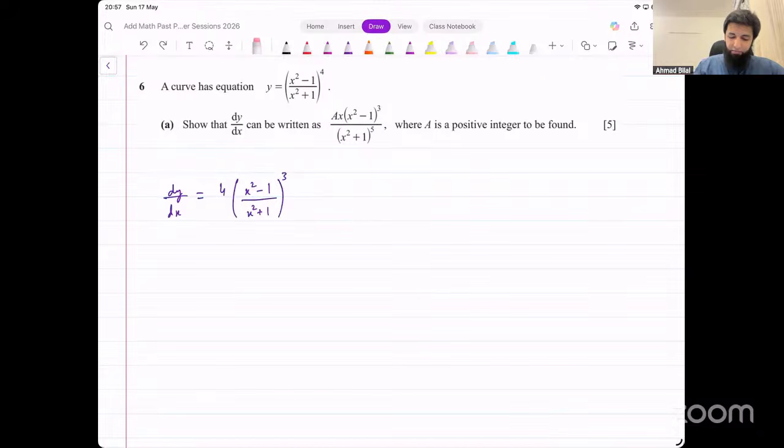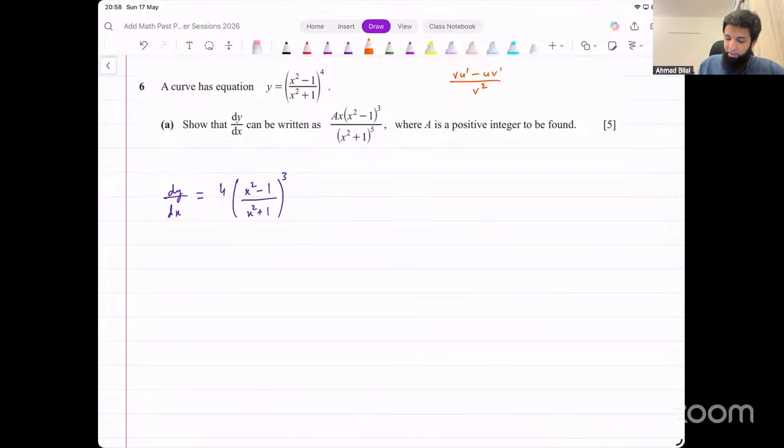What's the derivative of this going to be? This is the numerator, this is the denominator, right? x squared minus 1 divided by x squared plus 1. It's a fraction. We can use the quotient rule on this, right? vu dash minus uv dash divided by v squared. Let's input values in that.